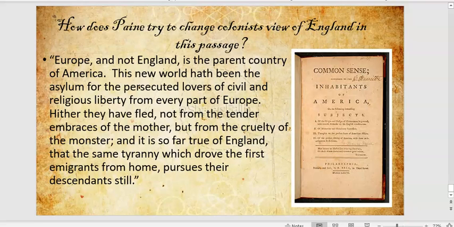They fled over to America, not fleeing from the tender embraces of Mother England, but from the cruelty of a monster, the king, right? This tyranny. And so he says it makes total sense for the colonies to declare their independence from England. And this really was the tipping point that helped most colonists decide to support the cause for independence.